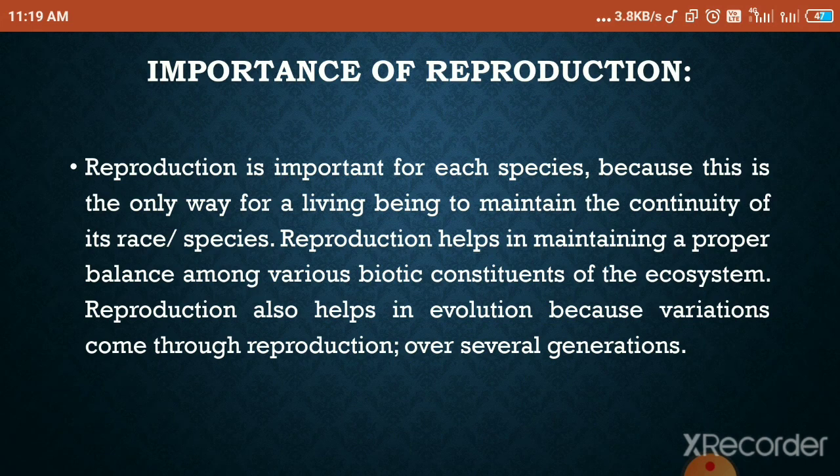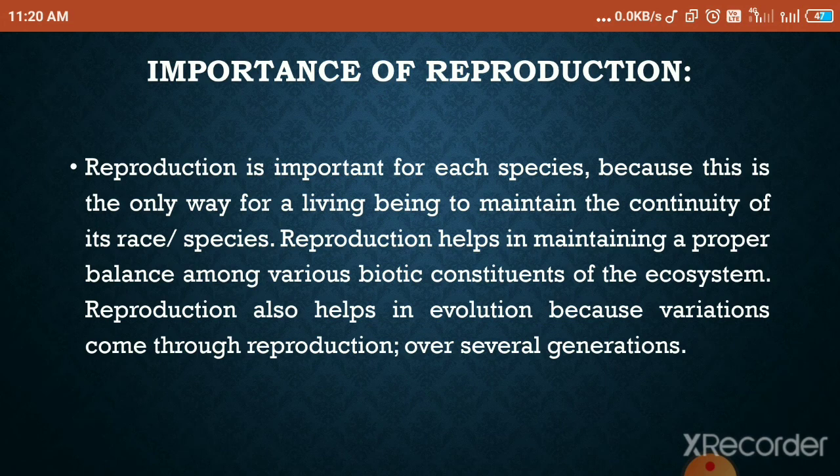All living organisms, whether unicellular or multicellular, plants or animals, reproduce by various methods so as to continue their species. It is one of the most important processes for the existence of life on the earth.